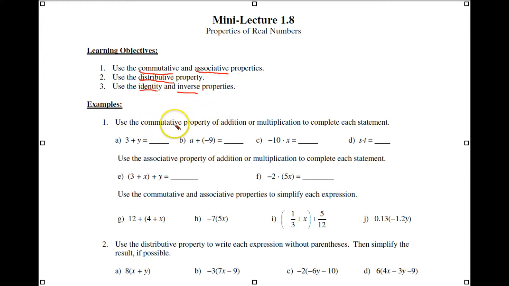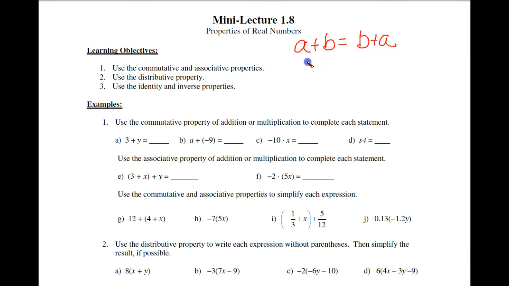Okay, use the commutative property for addition or multiplication to complete each statement. Well, again, in your textbook, they would describe what the commutative property is. If we have a value A and we add it to B, we're saying that if we reverse this, put the B first and add it to A, these are equal.